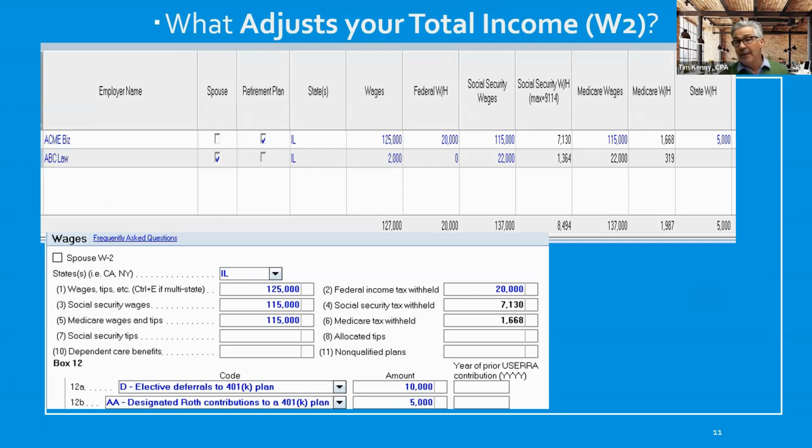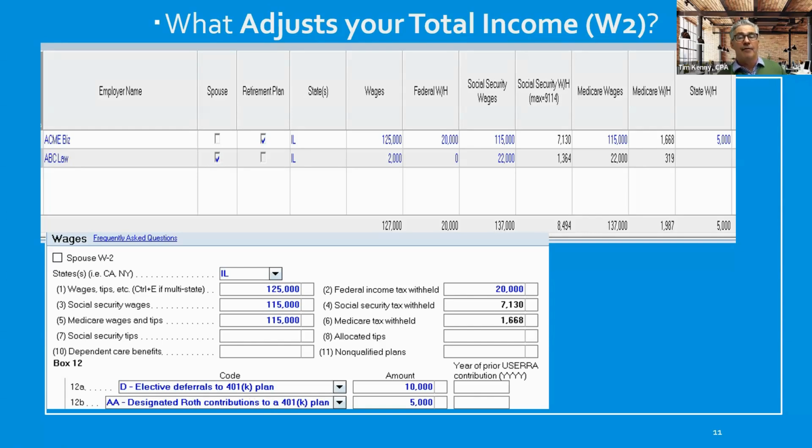So in the case of retirement, the regular deferrals into a 401k are subject to Social Security and Medicare. However, they're not subject to federal and state income tax because you're deferring that income as an employee into your retirement account.